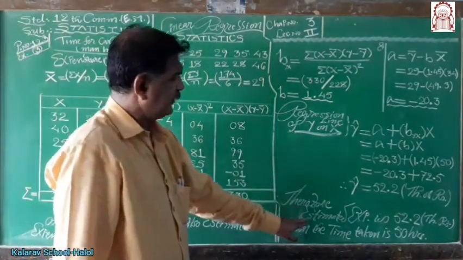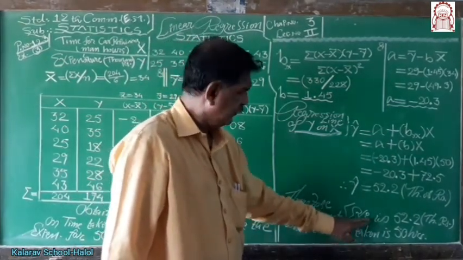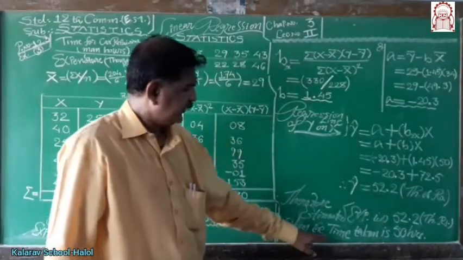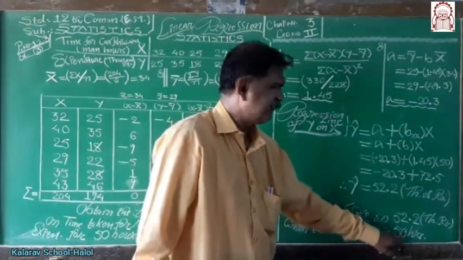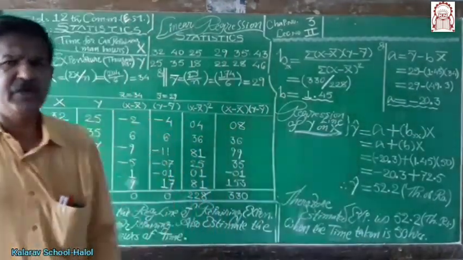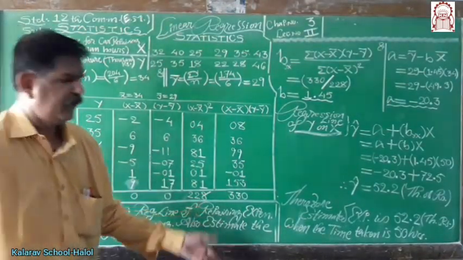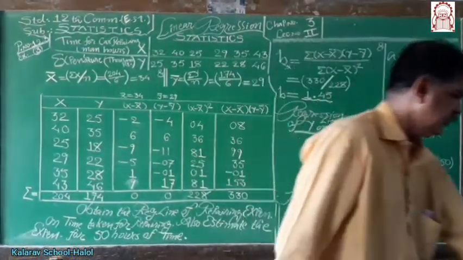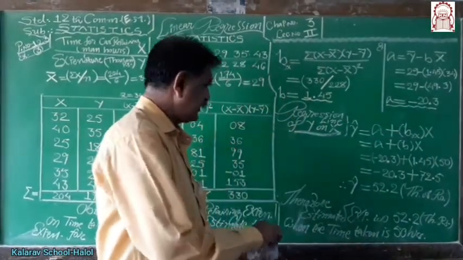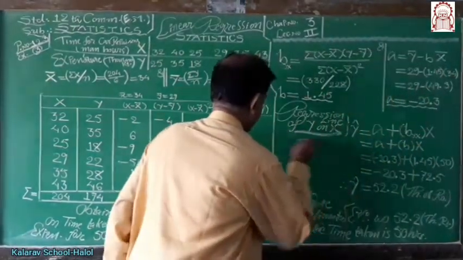Therefore, the estimated expenditure of car repairing is 52.2 thousand rupees, when the time taken is 50 man-hours. This way we have to calculate y for a given value of x, using the equation of y on x. This is the regression line of y on x.